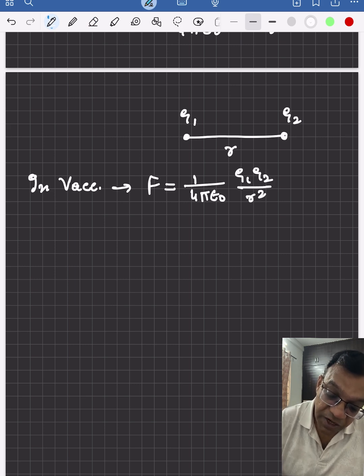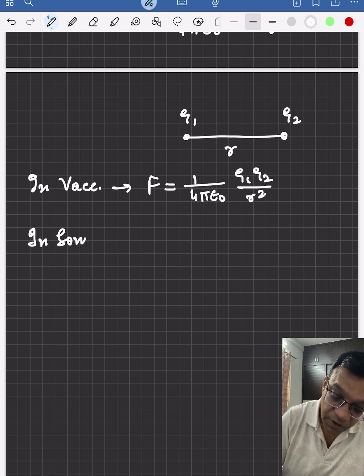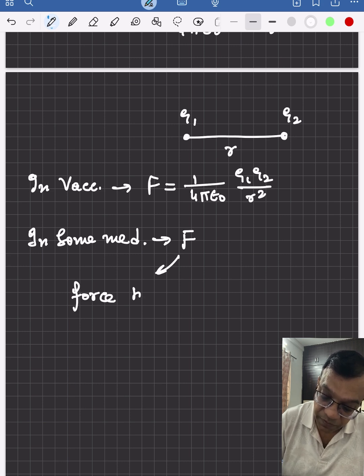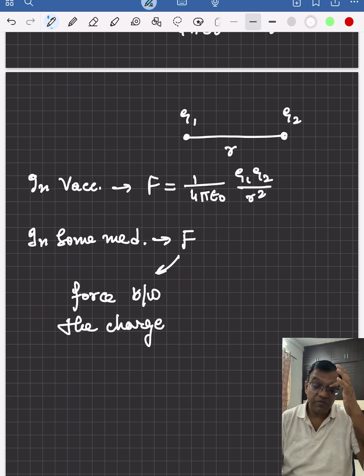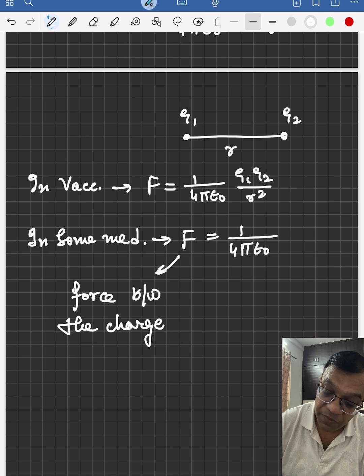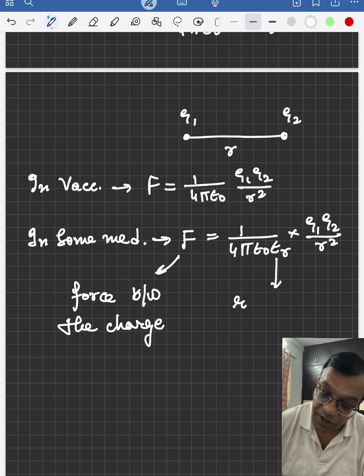And if some medium is there, in some medium, the force between the charges, that is the force experienced by one charged particle due to the other, is equal to 1 upon 4 pi epsilon naught epsilon r q1 q2 upon r square, where epsilon r is the relative permittivity of the medium.